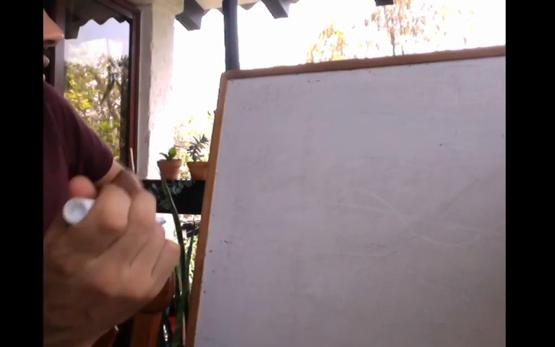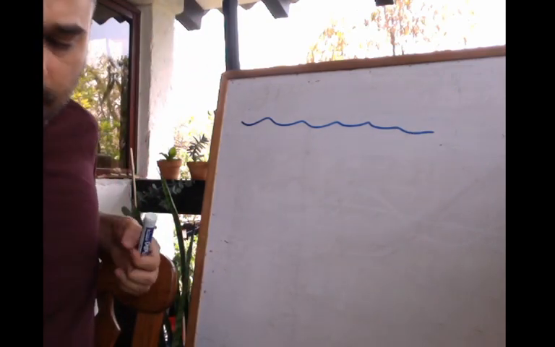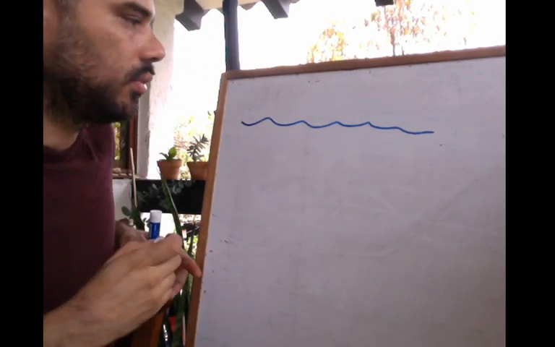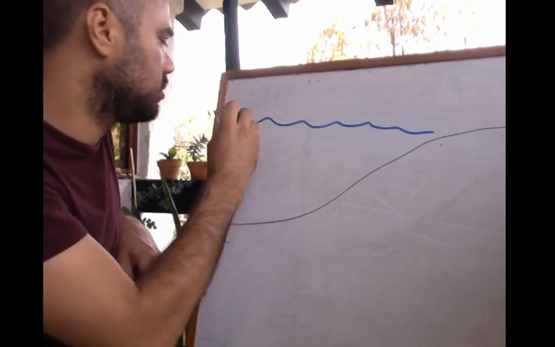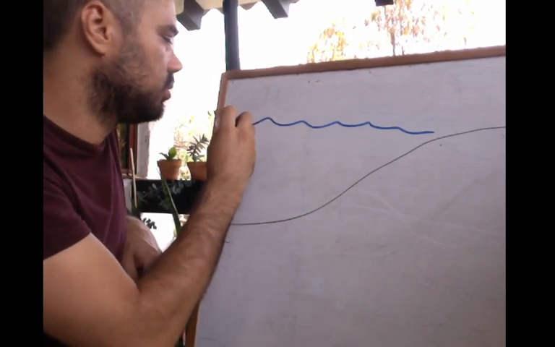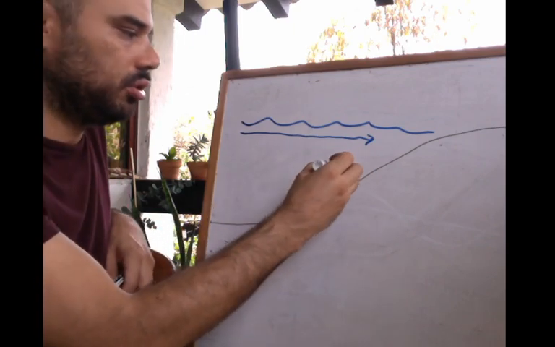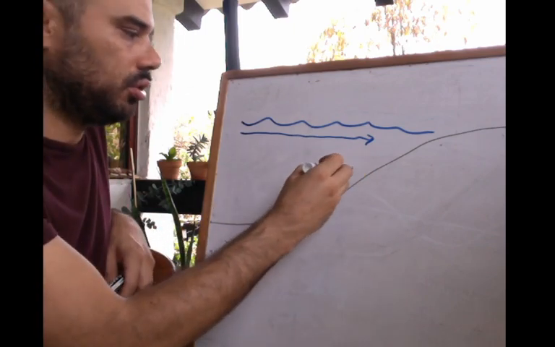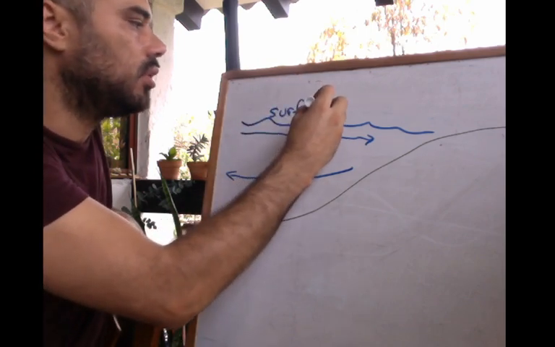Surface is superficie, okay? So we have currents at the surface that can be moving in one direction, but we can also have currents underneath. But the ones we are talking about are surface, superficie.